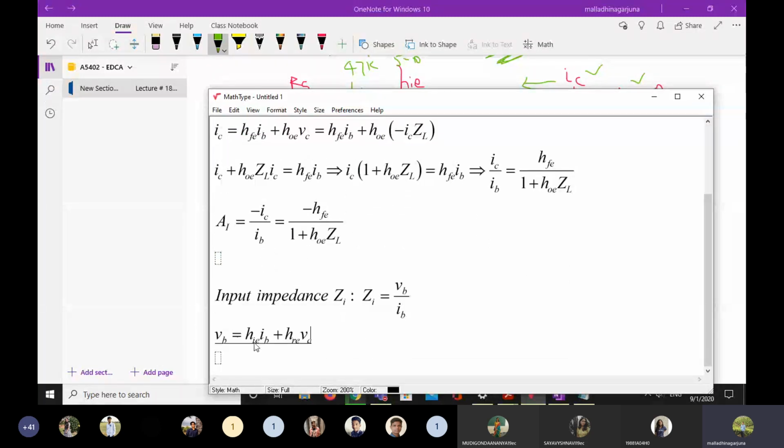So here I'm taking the input equation: VB equals HIE IB plus HRE VC. What is VC? We know that VC is minus IC into ZL.